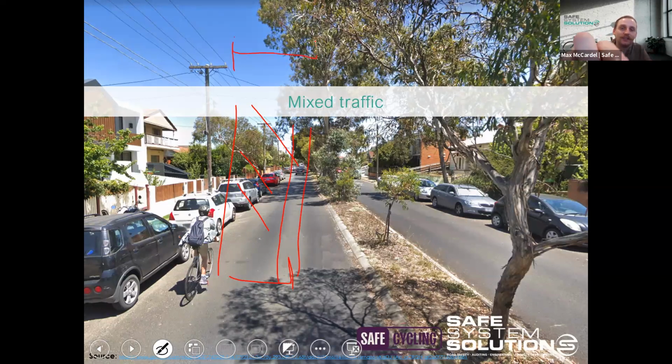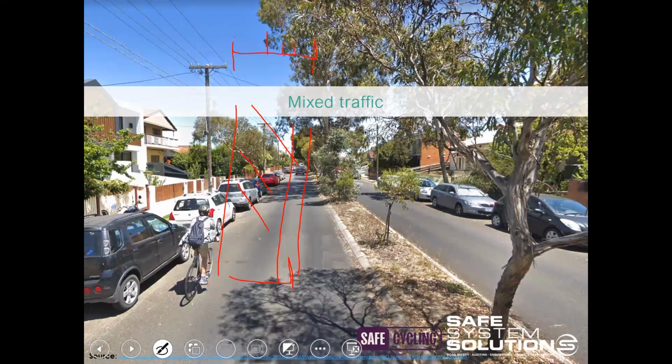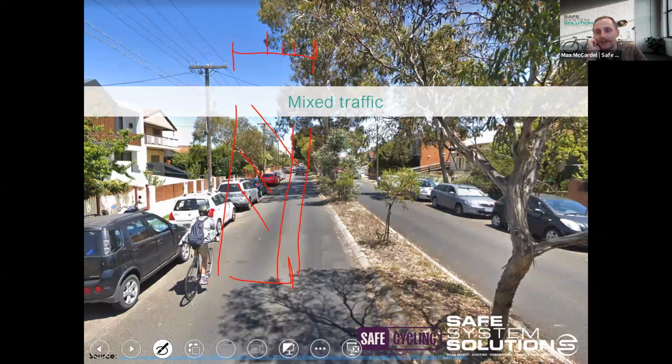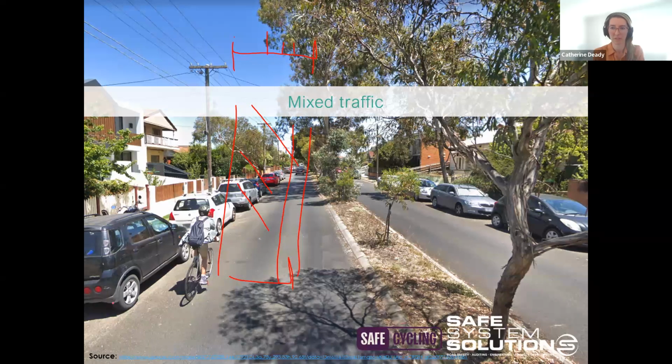Could you reconfigure this width to a narrow parking lane and then a buffer and then a bicycle lane? Because I feel like that would probably have a better outcome, where you've got that additional buffer, than having an angled parking bay. Tend to agree.